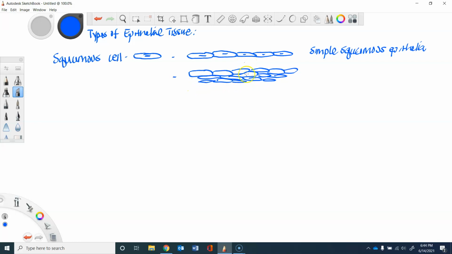Okay, so where they're stacked up on top of each other. Here's their little nucleus. Okay, so this is a stratified epithelia, and it's called stratified squamous epithelia.